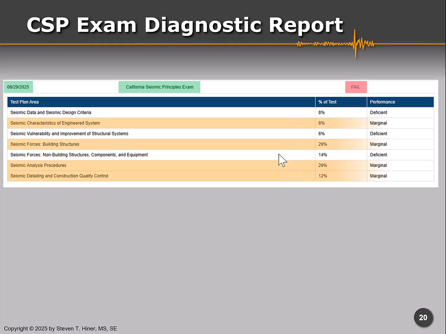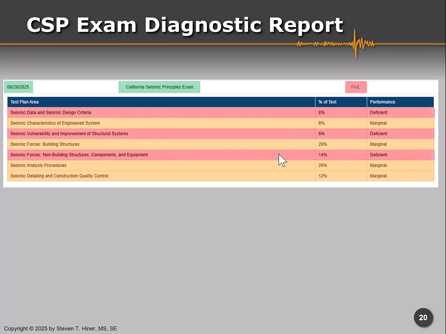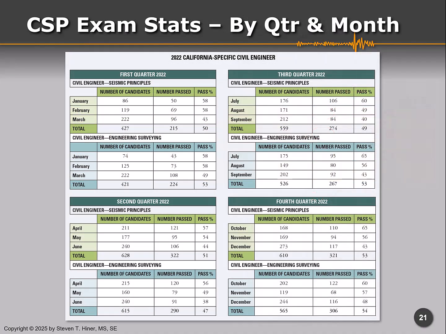So this person in particular happened to be marginal in content areas 2, 4, 6, and 7, and they were deficient in Roman numeral content areas 1, 3, and 5. And those add up to 28%. So 28% deficient, 72% marginal. Still, that may mean they were kind of close to passing, but not close enough.